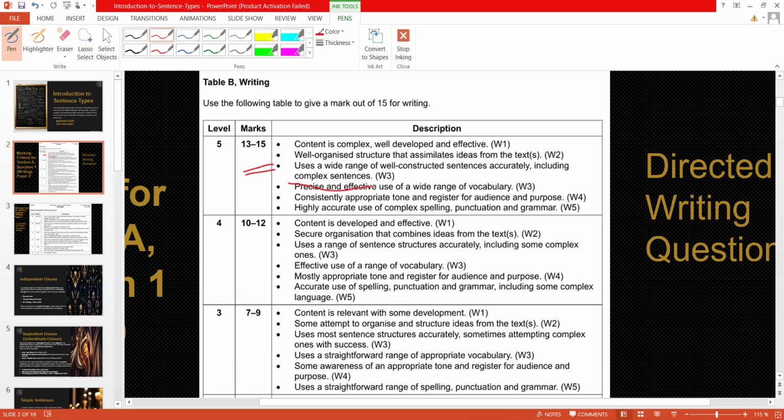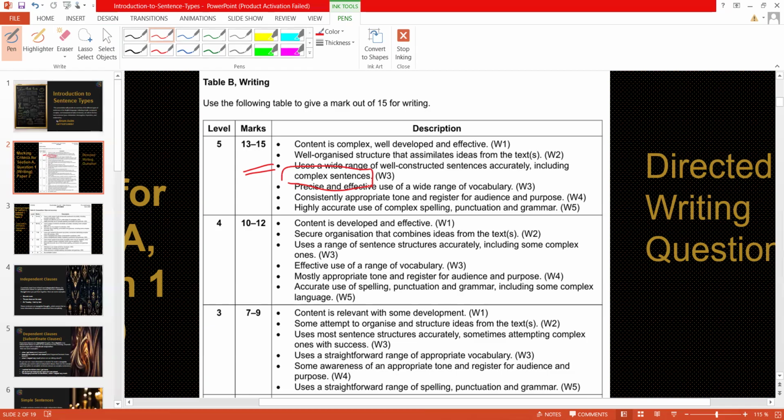See, the emphasis they are putting is on the use of complex sentences. Usually we are quite used to using simple sentences and at times compound sentences, but we are not quite used to writing complex sentences. So this is what they want.